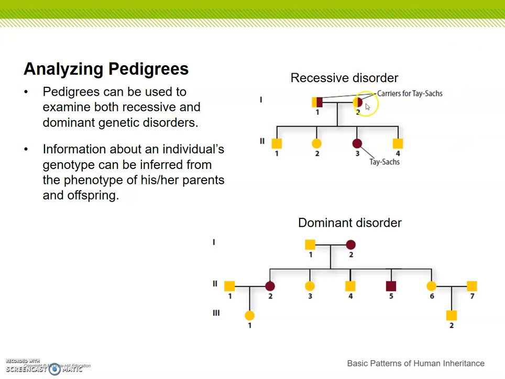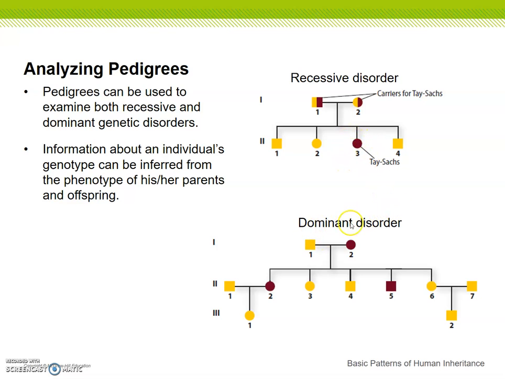So they can look at this pedigree here on top of a recessive disorder, and they can see that these two parents here are carriers for, let's say, Tay-Sachs disease, and in their offspring, the odds of their children having this disease came out to be 3 children without it and 1 child that completely has that disorder. Like, it has 2 recessive genes that come together to make it express that trait.